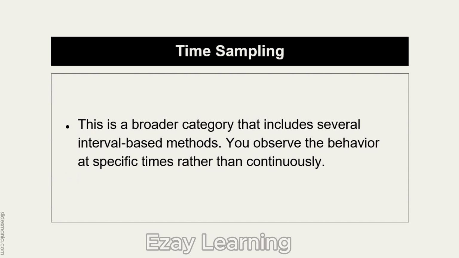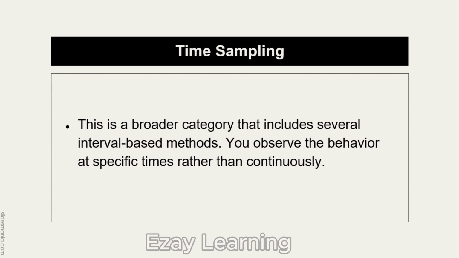Time sampling. Time sampling itself is not a measurement style, it is a broader category and it includes multiple interval-based methods. You observe the behavior at specific times rather than continuously. So there are two main types of measurement: continuous measurement and discontinuous measurement.